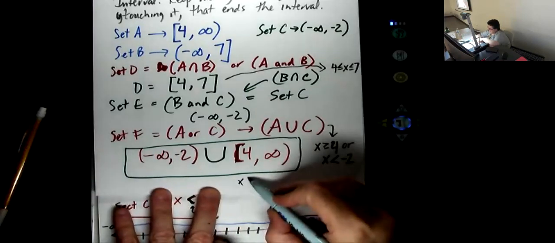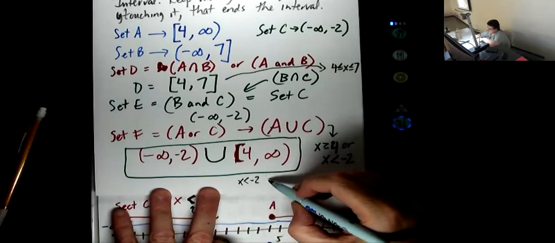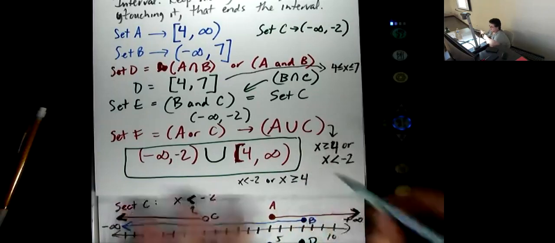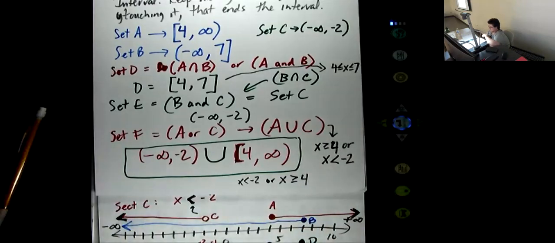You could have X is greater than or equal to 4 or X is less than -2. Being able to read these and knowing what numbers are being talked about is helpful, and they switch between them.